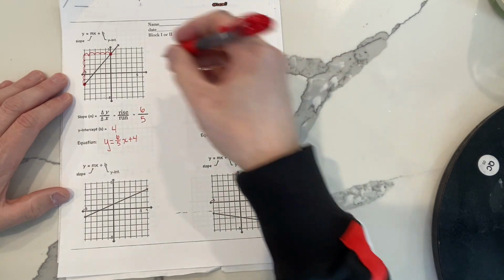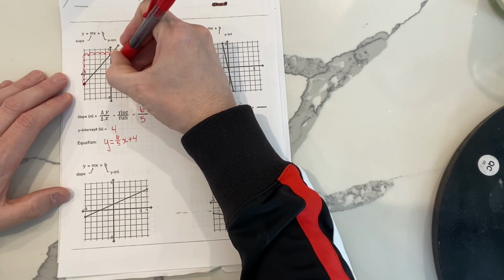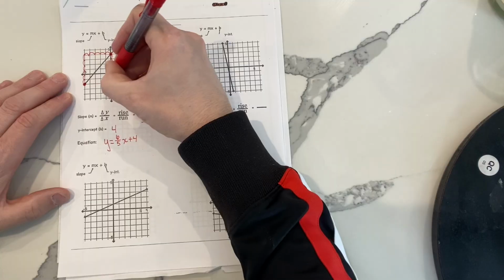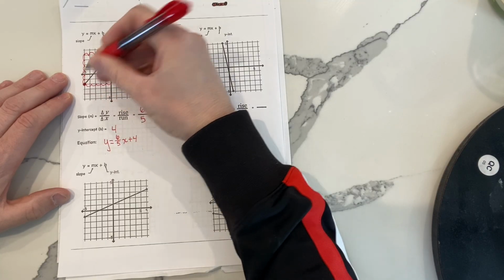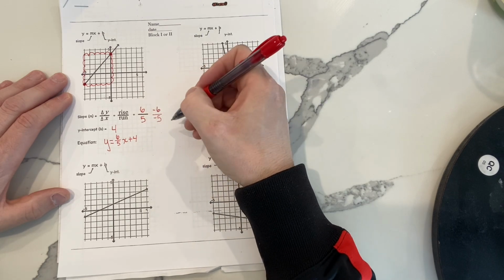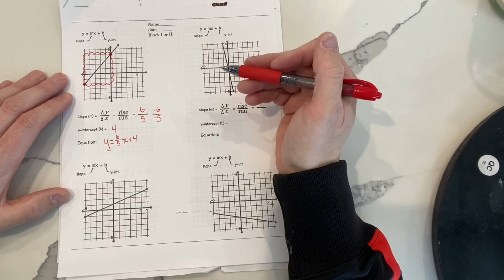Okay? What happens if you did it this way? 1, 2, 3, 4, 5, 6, a negative 6, and a 1, 2, 3, 4, 5. And you'd have a negative 5. Well, you know 2 negatives equal what? A positive. So it would work.